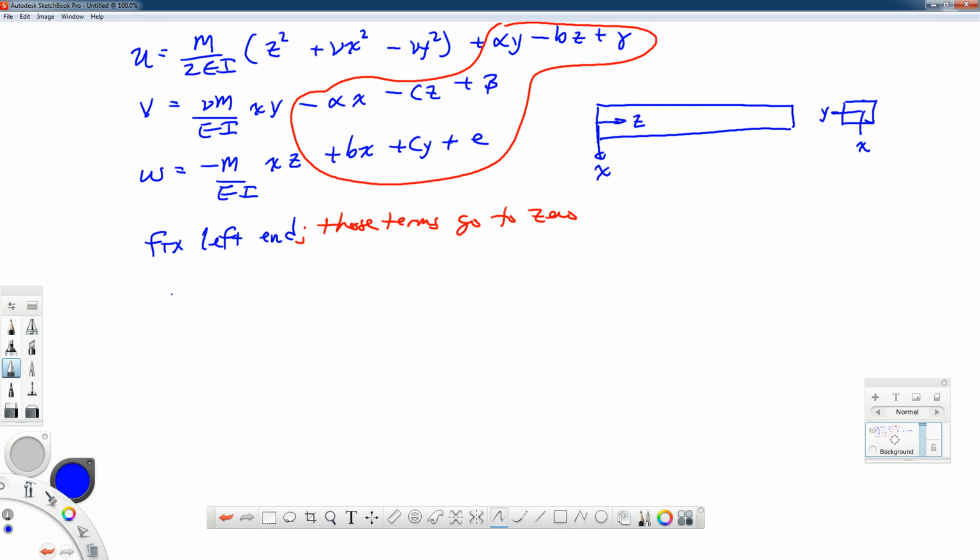We still get a complicated looking set of displacements. We have u is equal to M over 2EI times z squared plus nu x squared minus nu y squared.